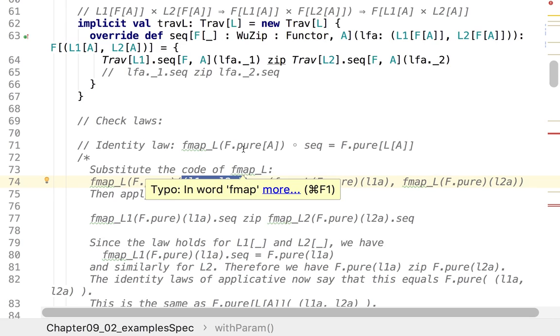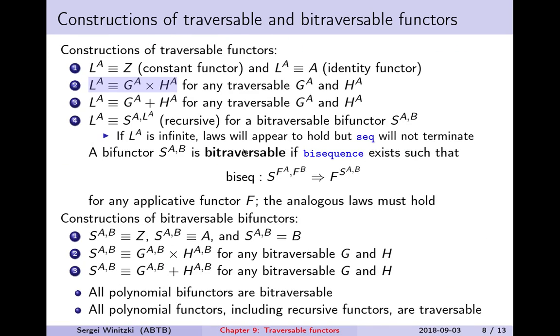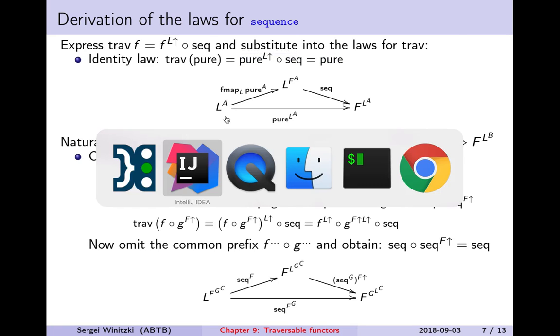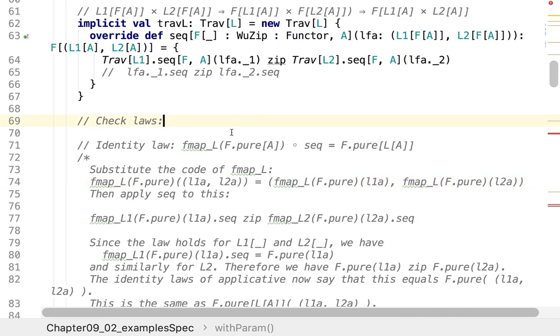So we do that looking at the laws. Actually, we have to start from L A, and the law will give me this. So the value on which I apply both sides of the law must be of type L A. So that's why, an L A is a pair of L1 A, L2 A. So then that's why I take some arbitrary pair and I apply the law to it.